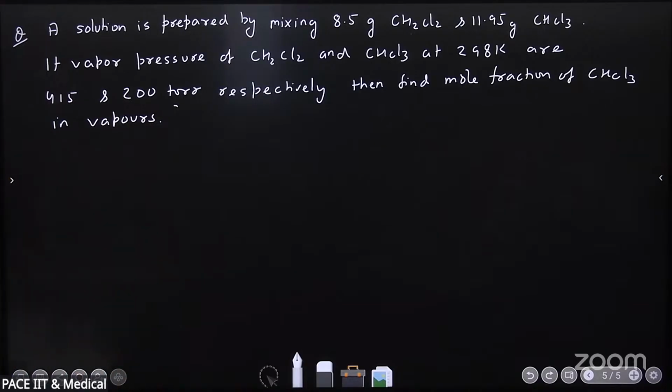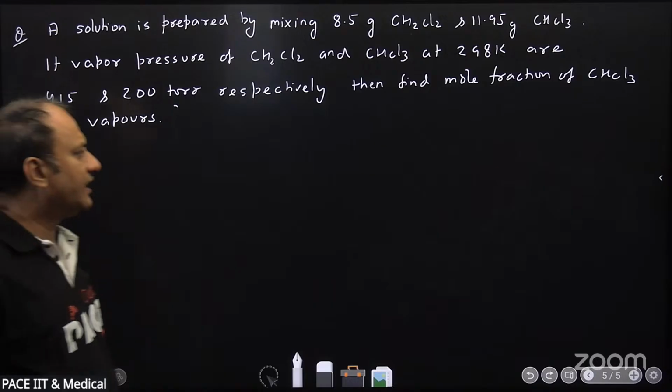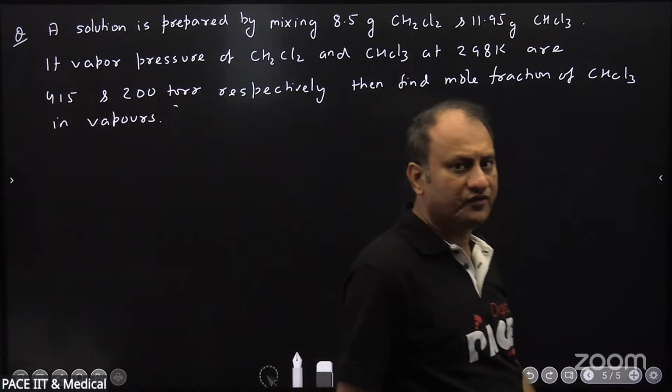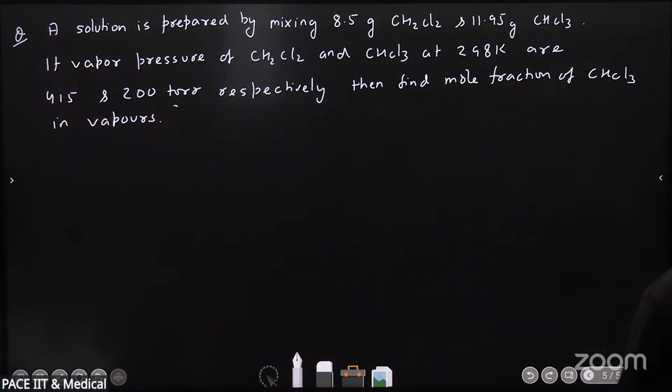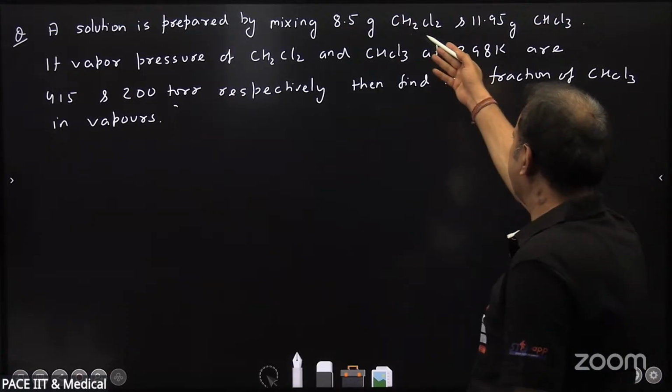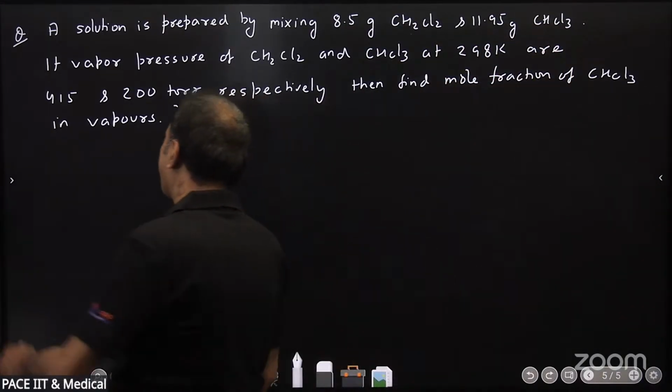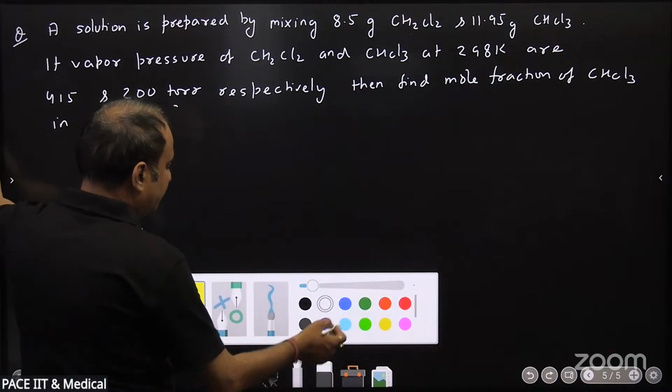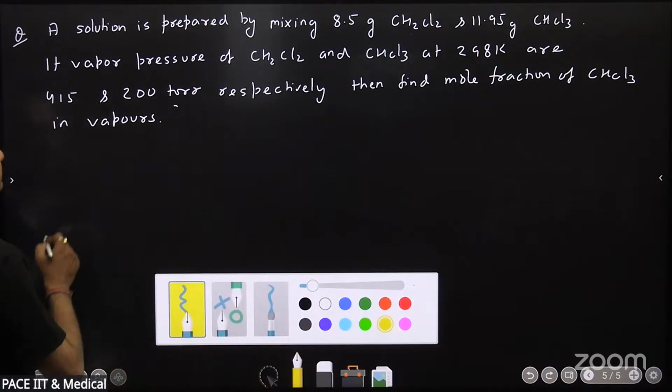So this is the question now. We are given weights of two liquids mixed. Their pure pressure is given. And we have to find mole fraction of any one of them in vapor form. So let's call this as A and this as B. So let's first find moles of each.